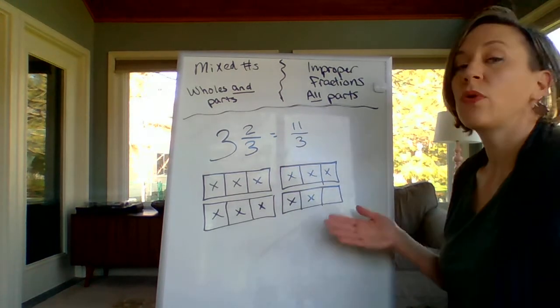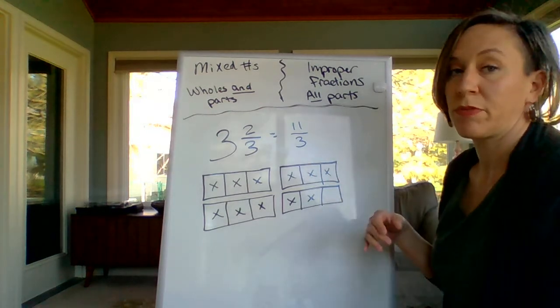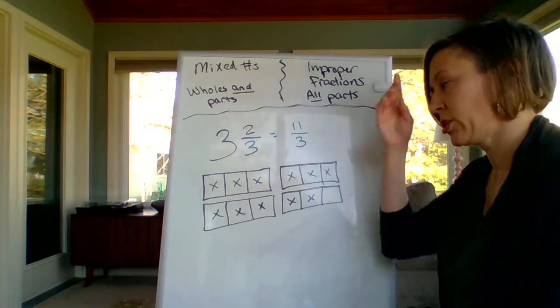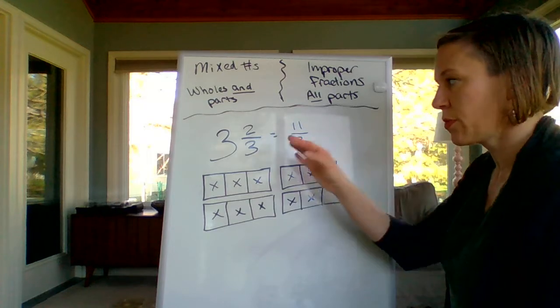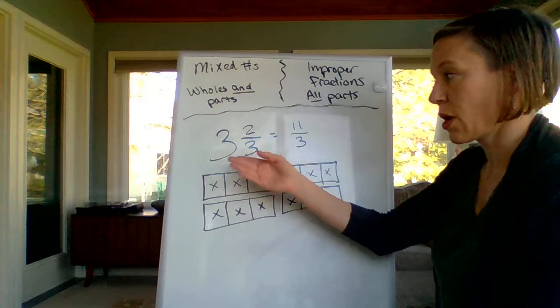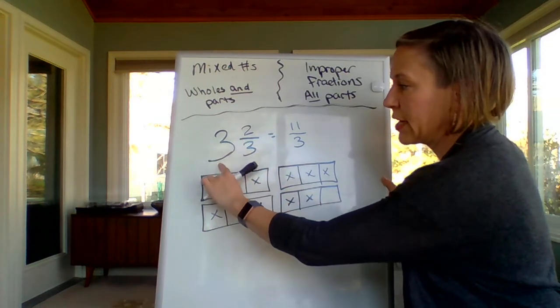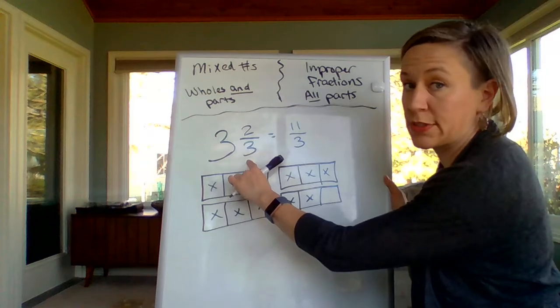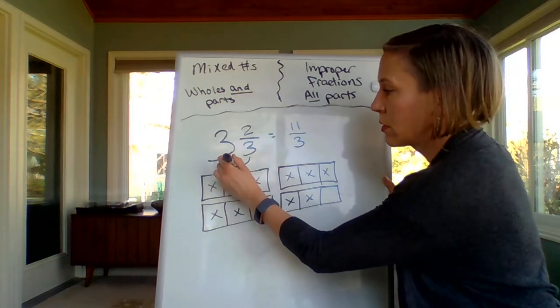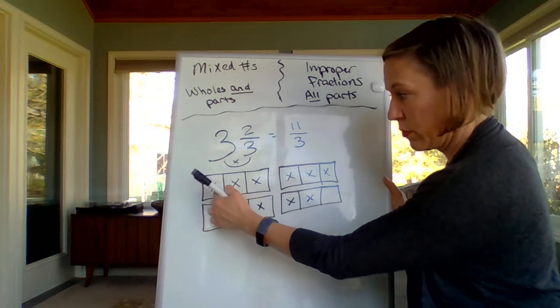So you can always draw a model to help you flip a mixed number to an improper fraction, or the other direction. But you can also think about it in a mathematical way and just use computation here. So we know that there's 3 wholes, and each of those wholes has 3/3 in it. So I could do 3 times 3, because, well, look here, I did it.